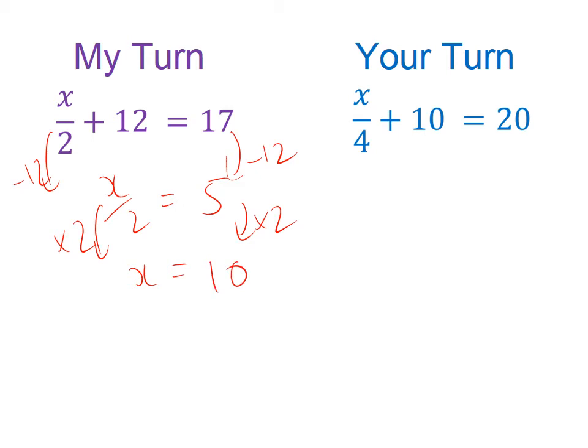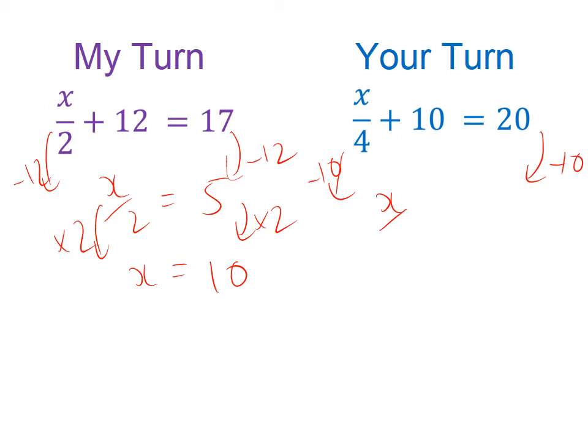Your turn, year 9. Please have a go at x over 4 plus 10 equals 20. Well, the first thing you should have done here is taken away 10 from both sides.